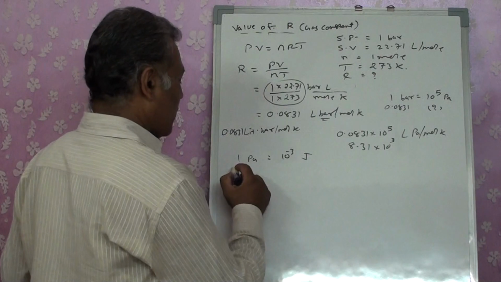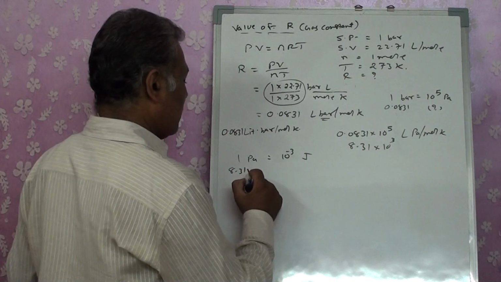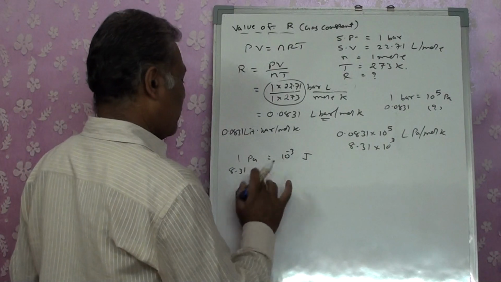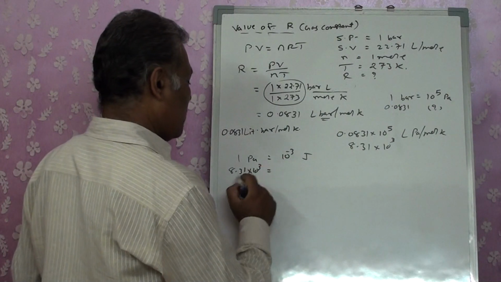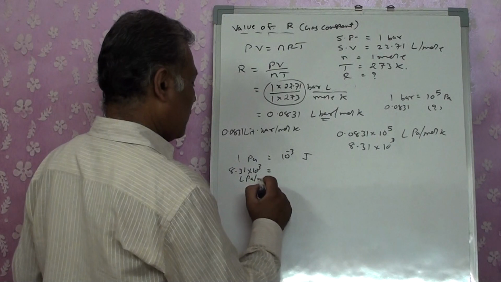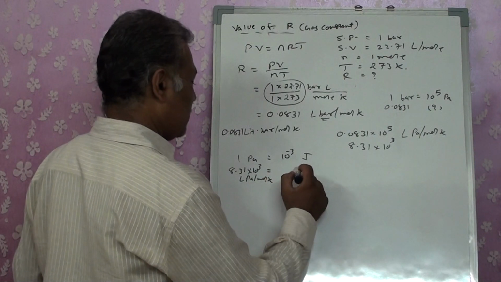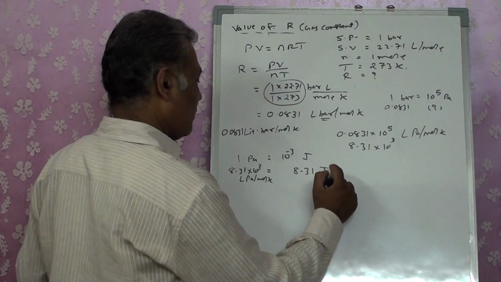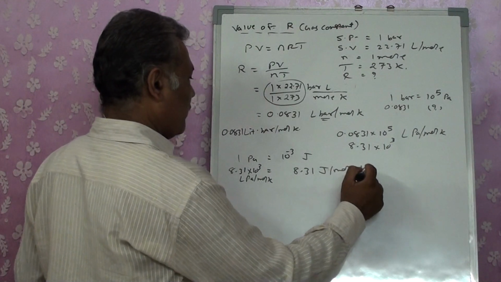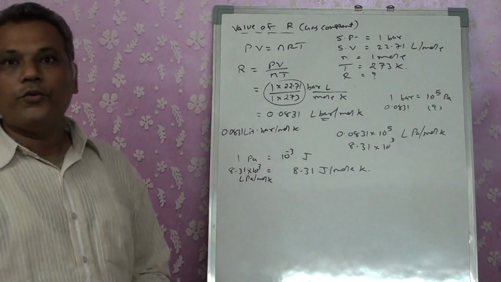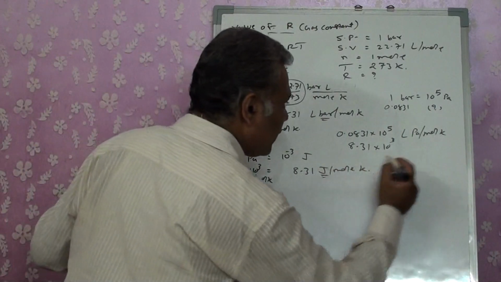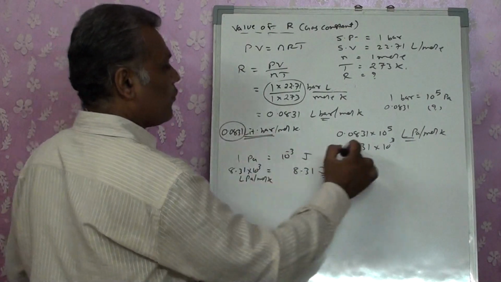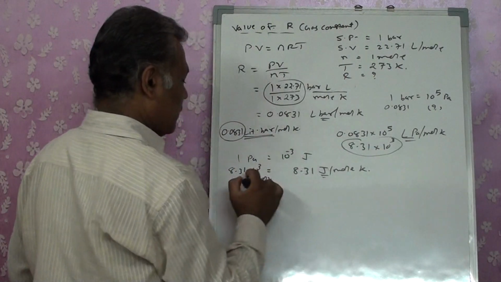So 8.31 into 10 raised to 3 liter Pascal per mole Kelvin will become 8.31 joule per mole Kelvin. As the unit changes, the value of R has to be changed.